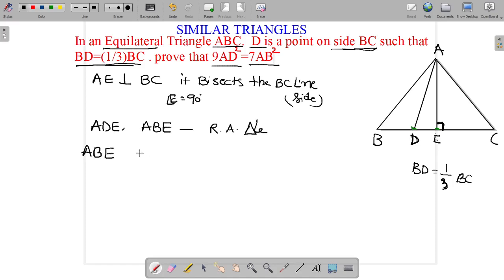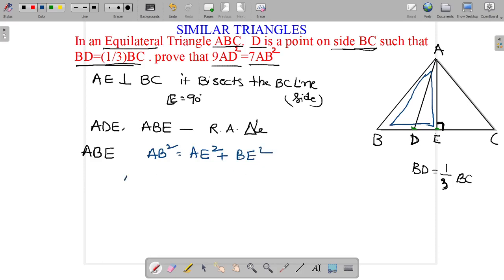According to Pythagoras theorem, hypotenuse square is equal to AE square plus BE square. Hypotenuse square AB square is equal to AE square plus BE square.